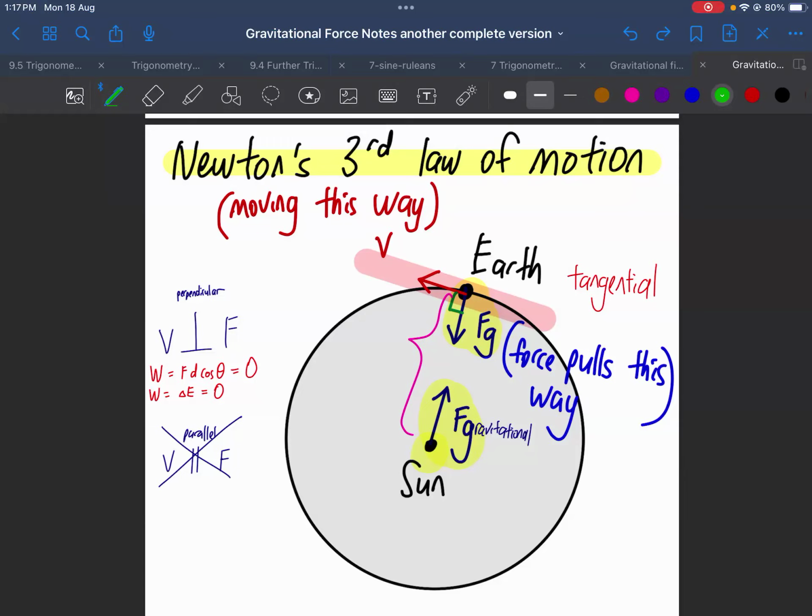Like you can imagine that it does not get faster and faster again. Okay, yeah. Because you still remember, right? Work done is force times distance in the direction of the force. So when your force and velocity are 90 degrees, basically no work is done. All right.